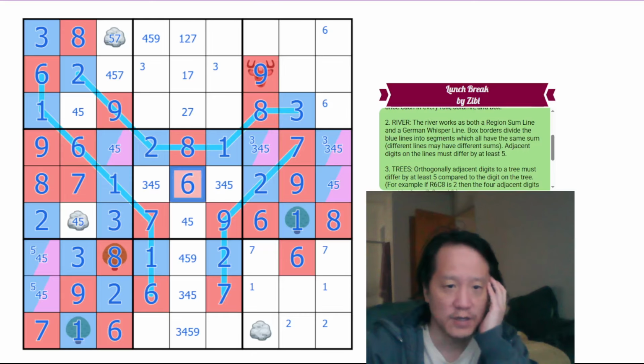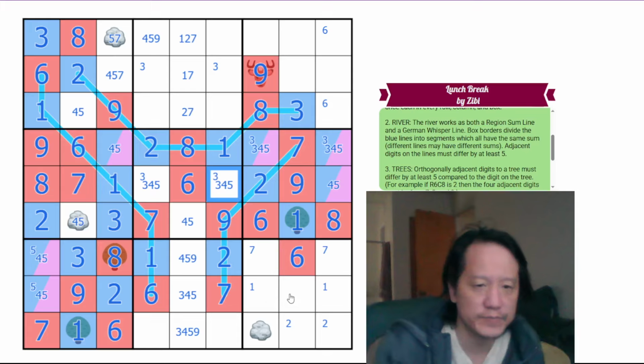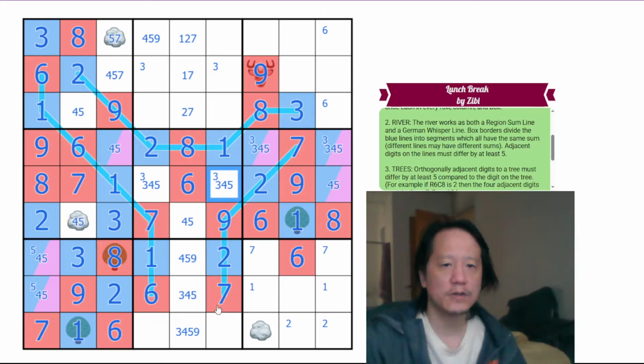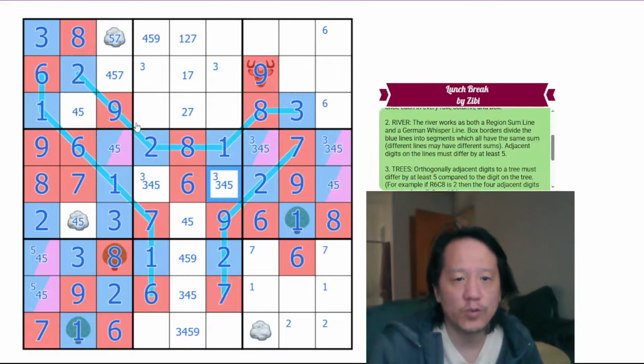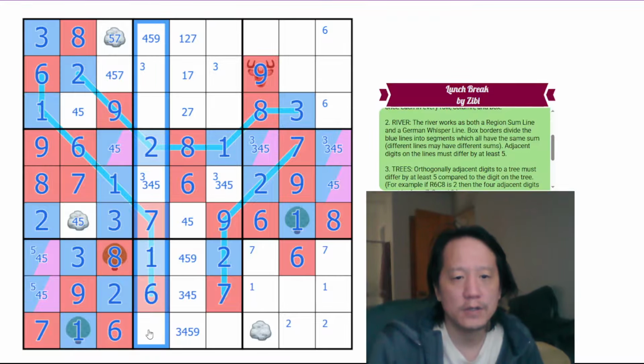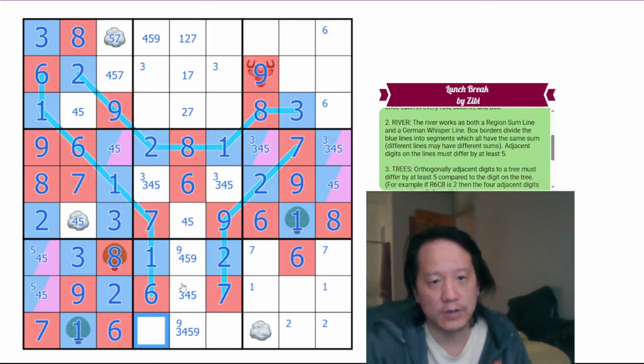This is obviously a high digit. 3 is one of these 2. Where is 9 in column 4? We know in column 5, 9 has to be one of these 2 digits, so it cannot be here.